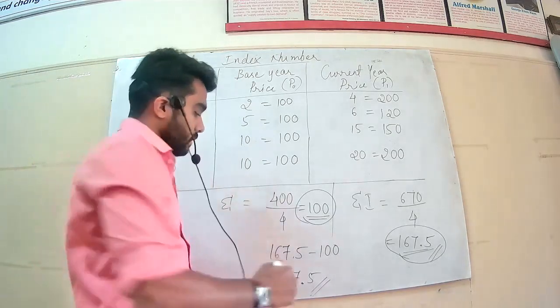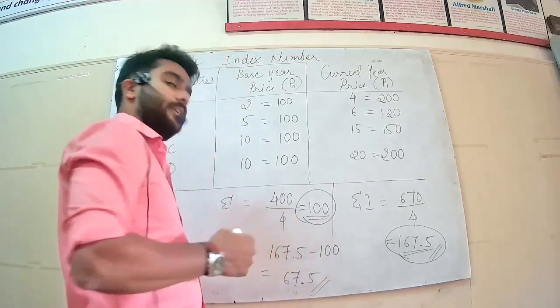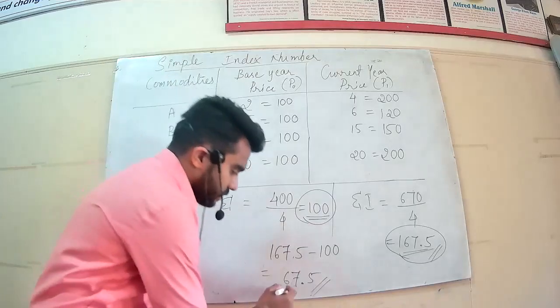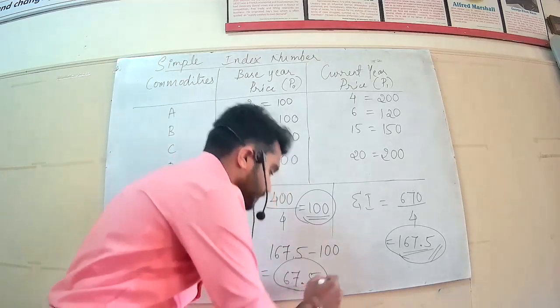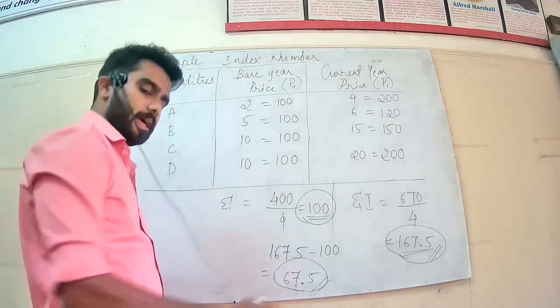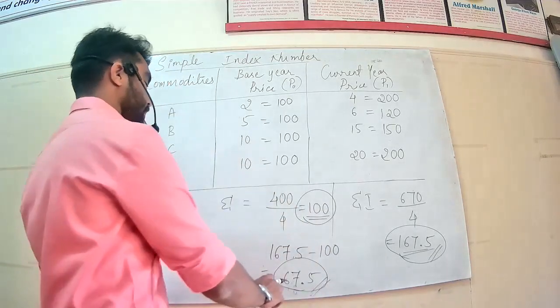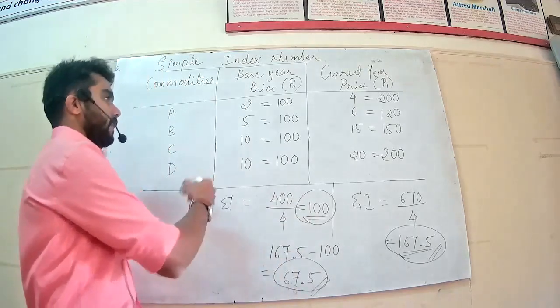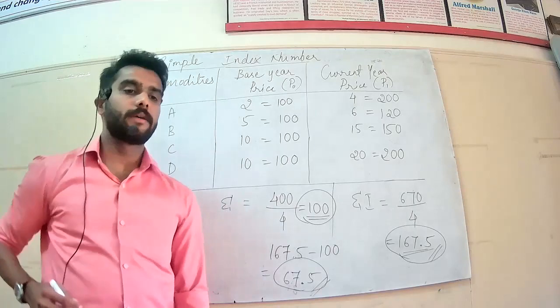So from the previous year to the current year, we can say that the prices have risen about 67.5 percent. I hope this is clear.